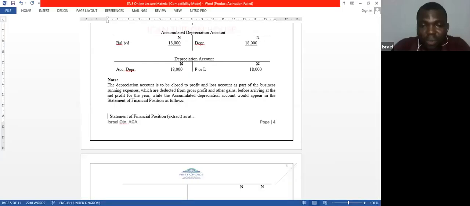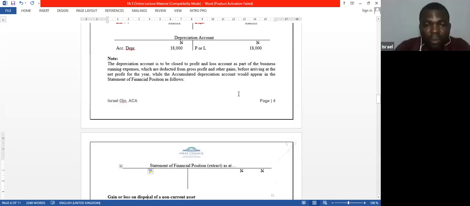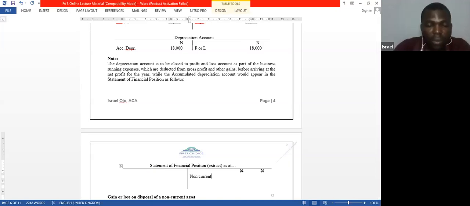What we have here is what we call the non-current asset. Under the non-current asset, we have the machine. So the cost will be brought down here. What is the cost? The cost is 100,000. That's the way it's going to appear.